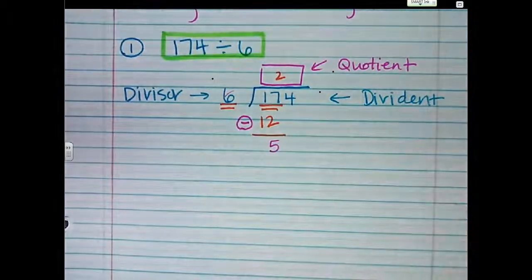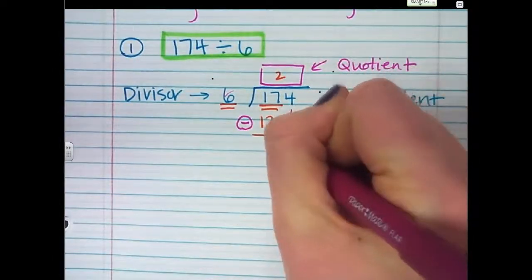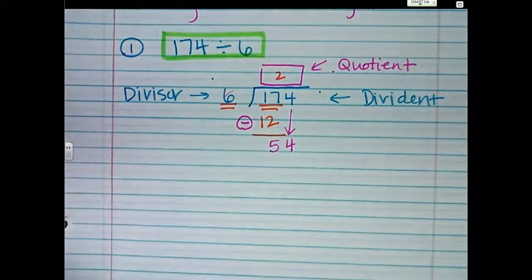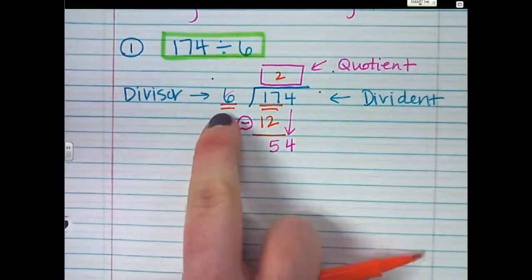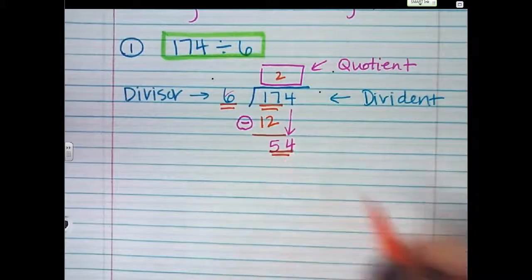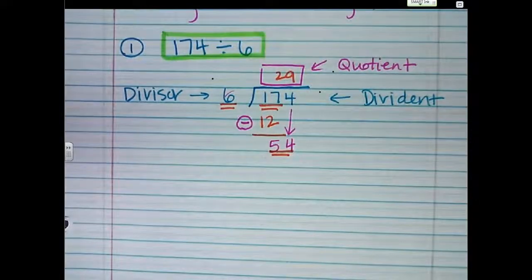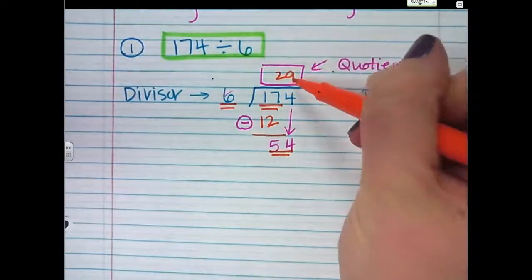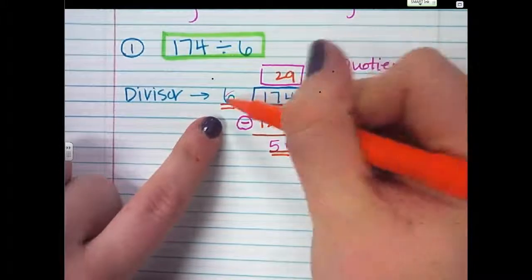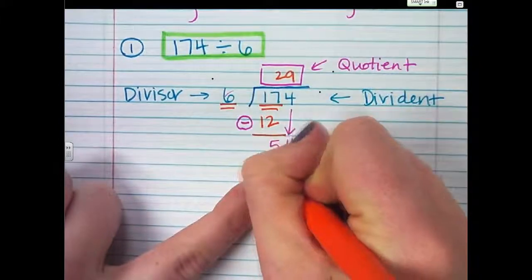And what do I do? Good, drop the 4. What's next? How many times does 6 go into 54? 9. What do I do with the 9? Multiply again. 9 times 6 is 54.